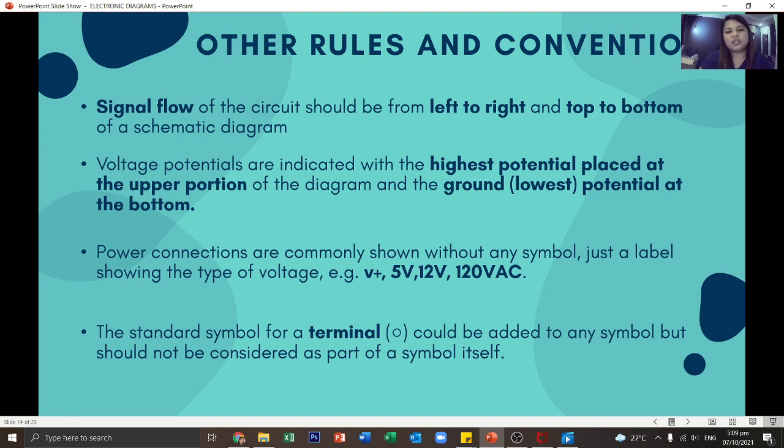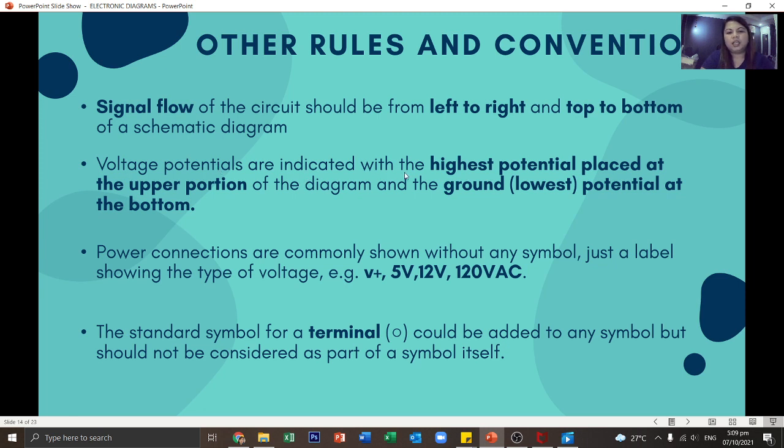But sometimes there are circuits where the power supply is on the right side. So we just check where the positive or the negative of the power supply is. Then we start tracing them. Later we will discuss how to trace the schematic diagram, or from top to bottom. So from positive, because positive is on the top and the negative is on the bottom.